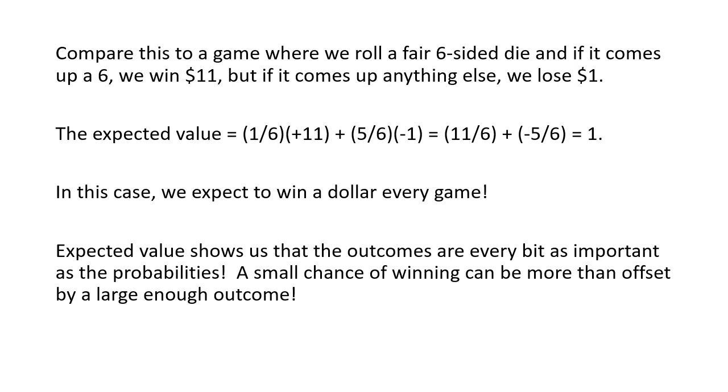But expected value shows us that when we do win, we win $11, and when we lose, we only lose $1. So every time we play this game, we actually expect to win $1 each time we play. So even though the probability is against us, the outcome more than offsets our slim probability of winning. We win enough on each game that it actually makes it unfair in our favor. This would actually be a good game for us.